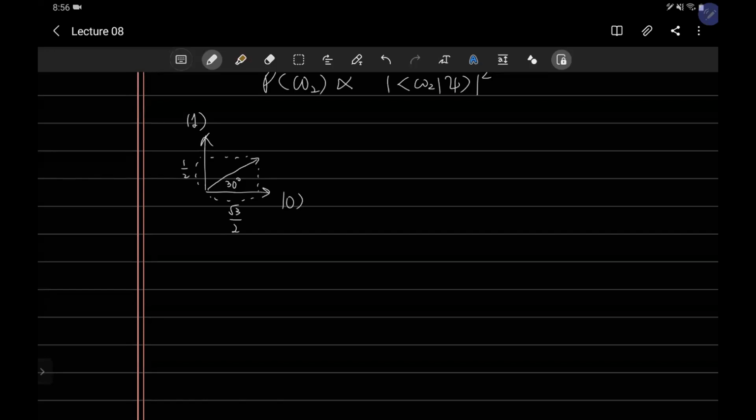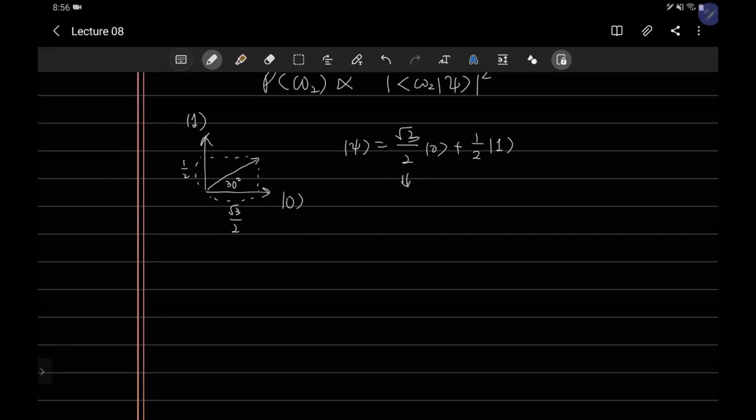As an example, let's think about this kind of vector. This vector can be decomposed into these probability amplitudes.